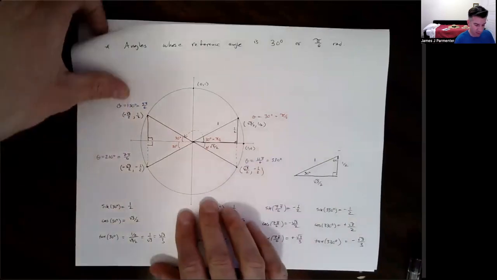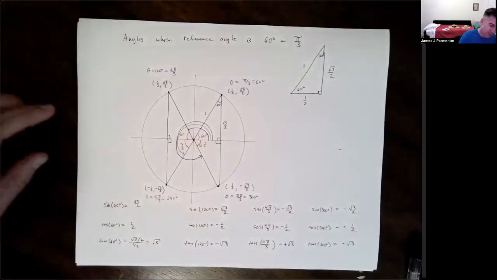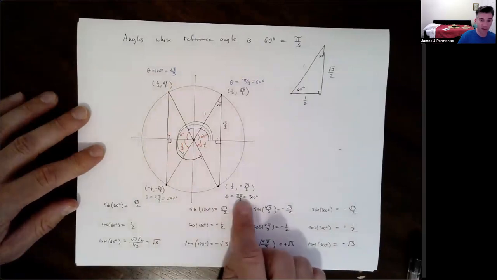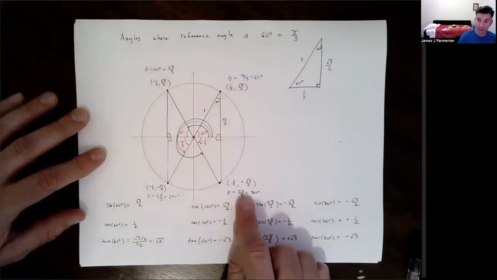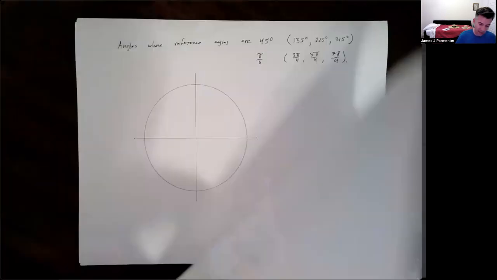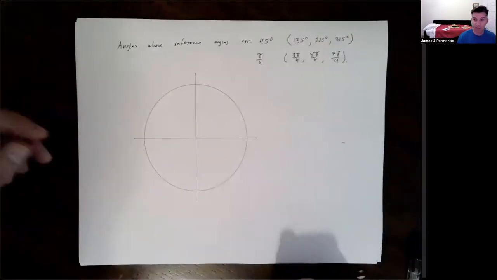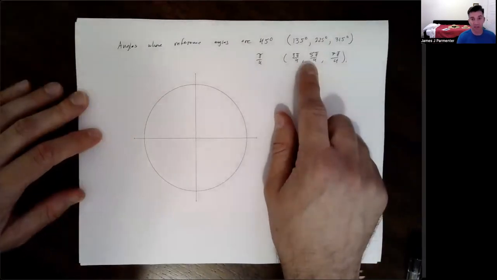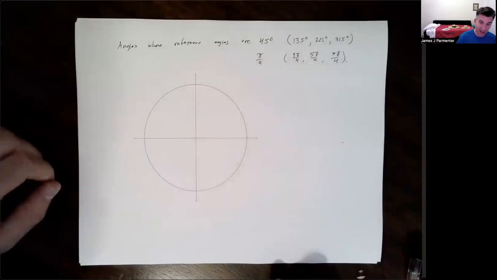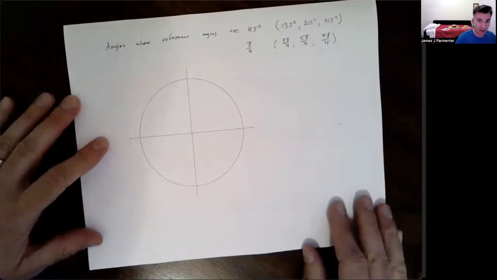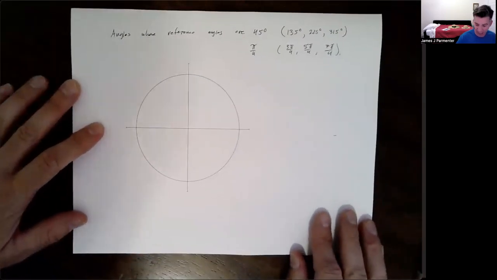If your angle is pi over 3, or 2 pi over 3, or 4 pi over 3, or 5 pi over 3, your reference angle is pi over 3. And similarly, if your given angle is some multiple of pi over 4 that is already reduced, if your angle is 3 pi over 4, or 5 pi over 4, or 7 pi over 4, your reference angle is exactly pi over 4. So that's one thing that's really nice about special angles and radians, is how the reference angles are really easy to see.